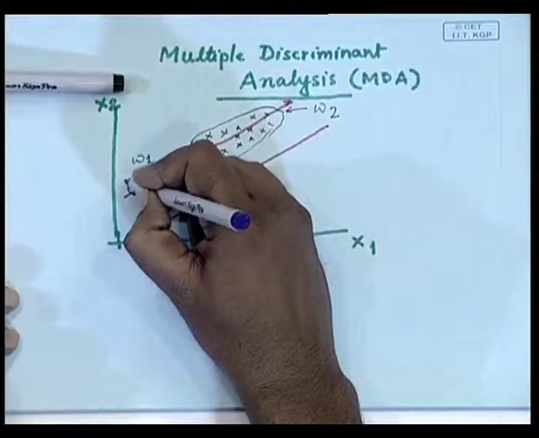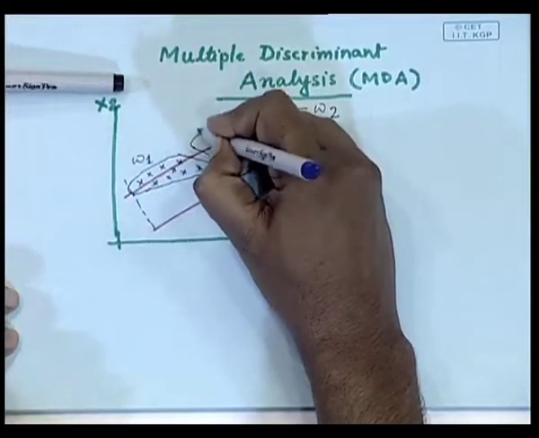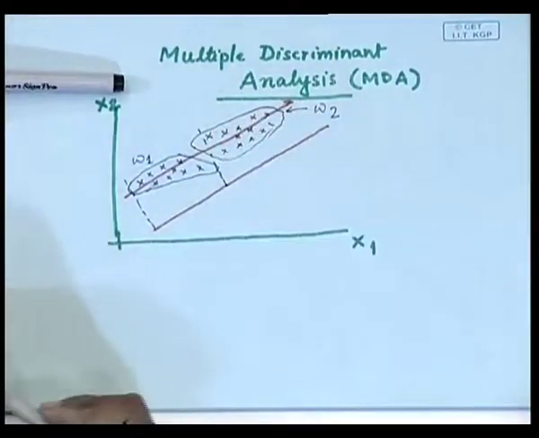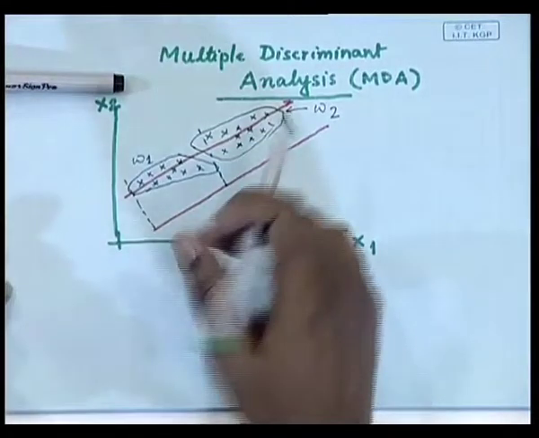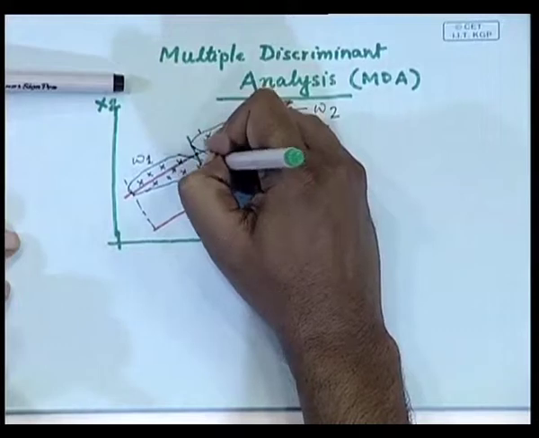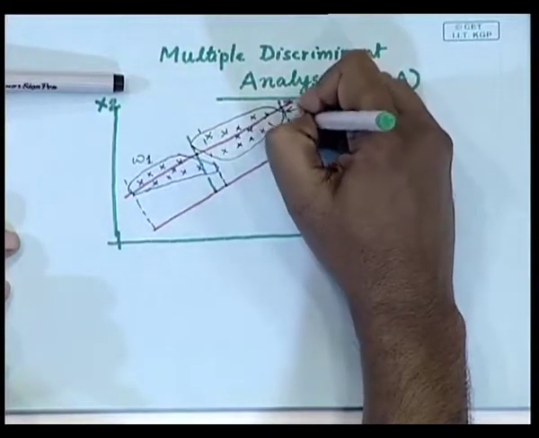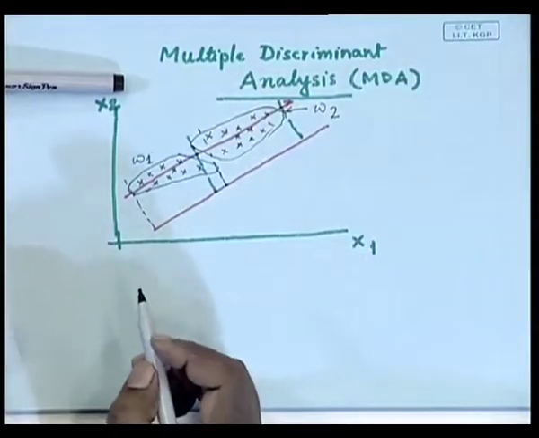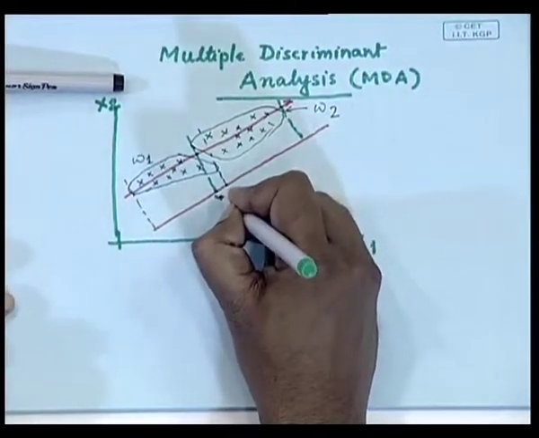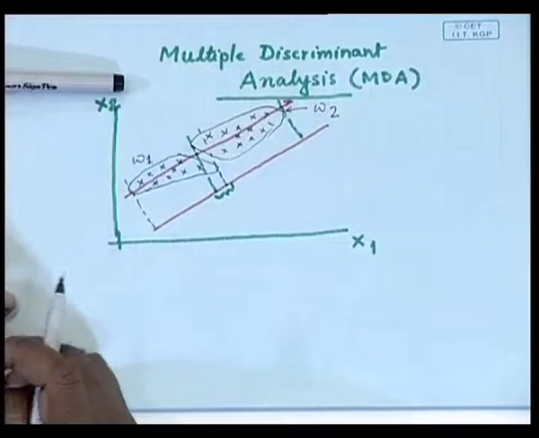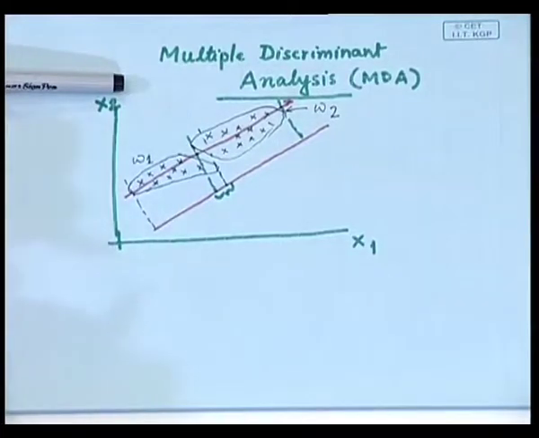This set of data will be projected into this space, whereas the data labeled as belonging to omega 2 will be projected into this space. As a result, you find that I have a region where the data from both class omega 1 and class omega 2 are intermingled.